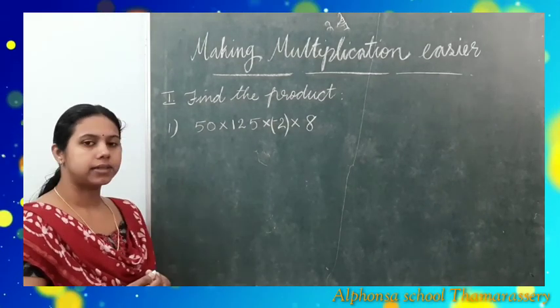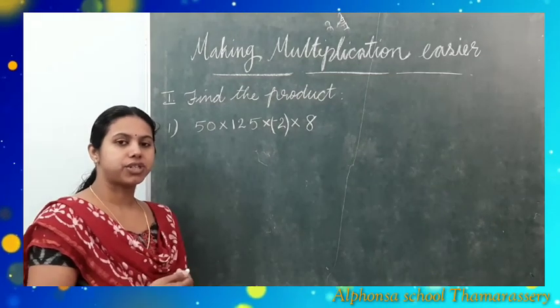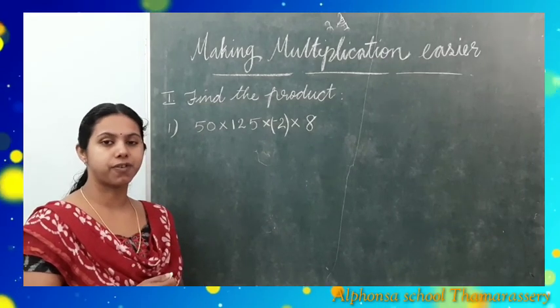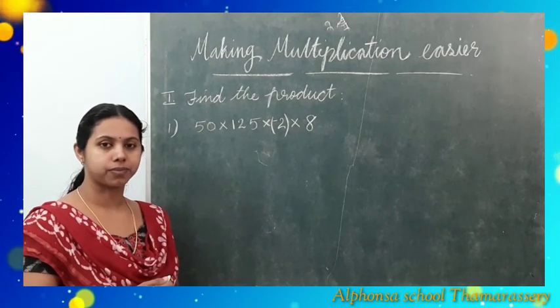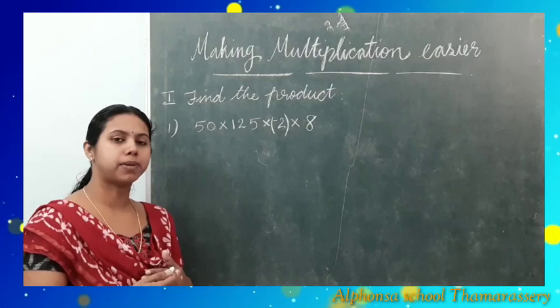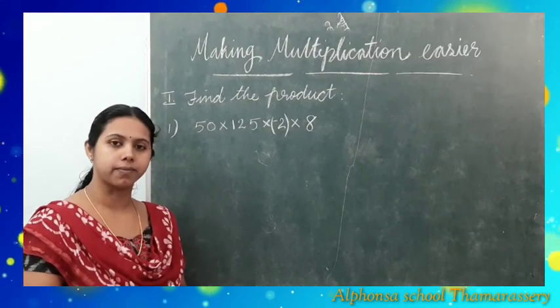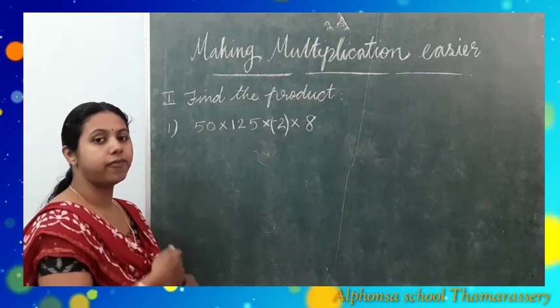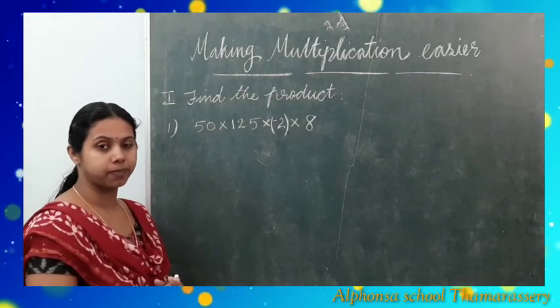We know that multiplication is commutative for integers and multiplication is associative for integers. So you can multiply the numbers in any order. If you rearrange these numbers, very easily you can multiply this.